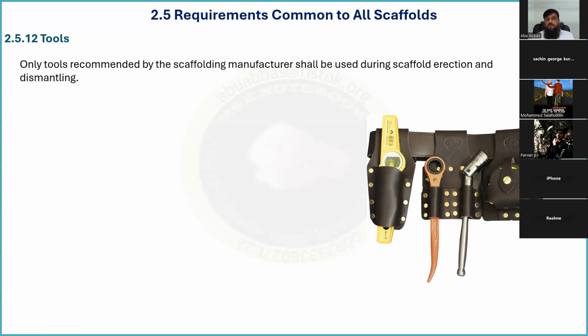Work is done by thumb rule too, but especially for special scaffolds, for loads greater than, let's say, 240, we have to be really precise.